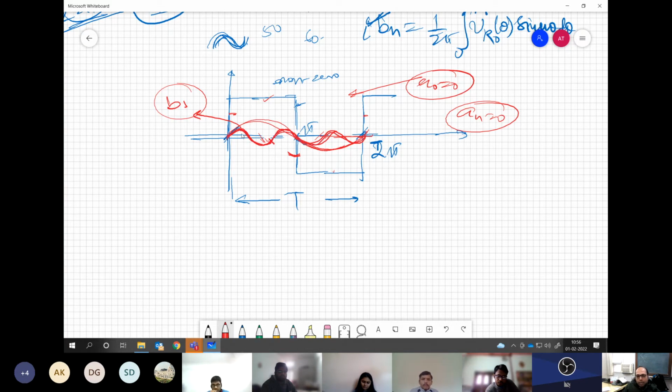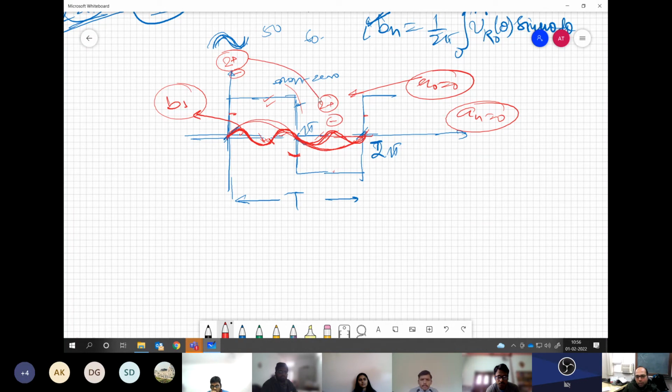So for example, just count the positive and negative halves in each half cycle of this waveform VRO. You have 2 positive and 1 negative over here, whereas you have 2 negative and 1 positive over here. Which means you are going to get an overall product of 2 positive and 1 negative on the positive half cycle, and here you are going to get 2 positive and 1 negative on the negative half cycle.